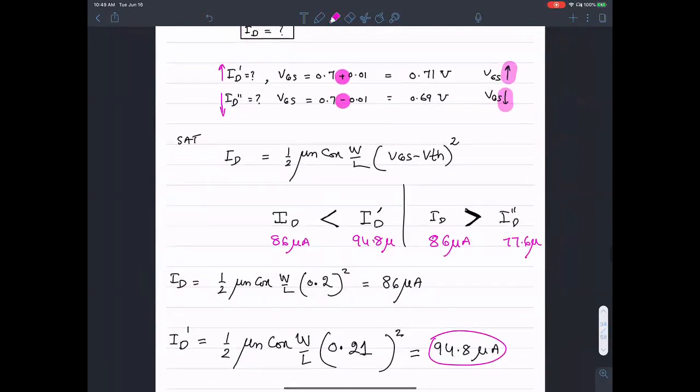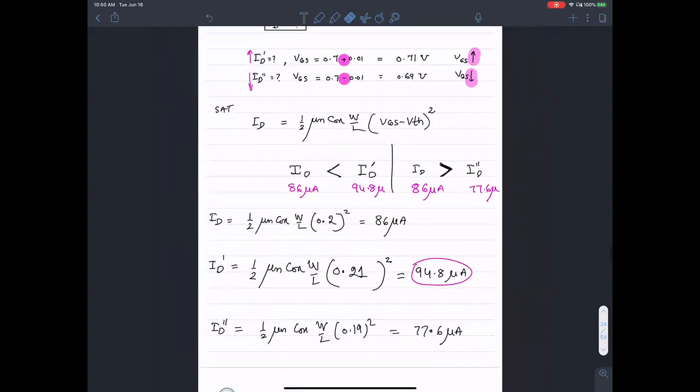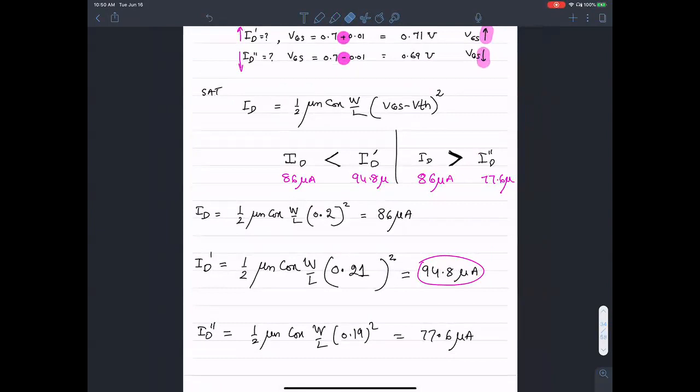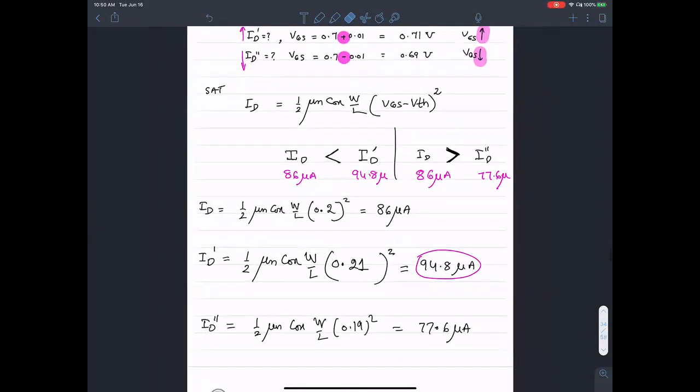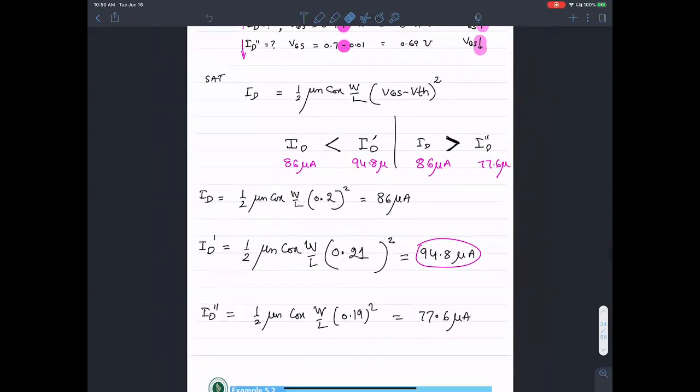You would have expected to see ID change by a square, but that did not happen. It seems there's a proportional increase. That is because the change in VGS is so small that the square is almost proportional. That's the idea. Does that make sense? Questions, please.